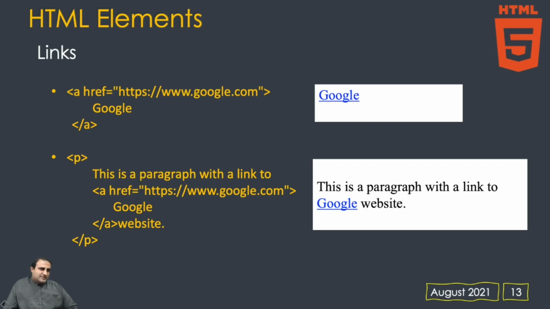For example, we see an a tag with the href with the address of Google. When the user clicks on Google, the browser will redirect to the Google page. Similarly, we can also have links inside the paragraphs. Below we have a link that is included in a paragraph.